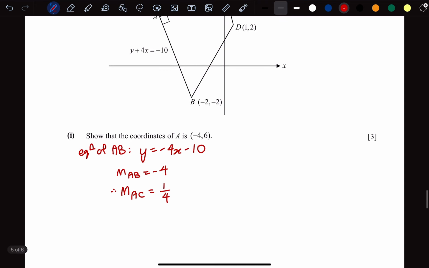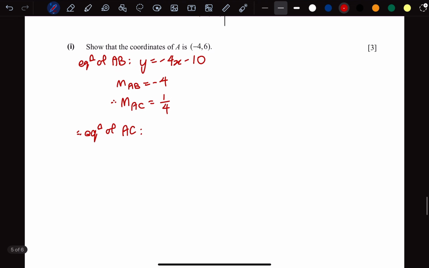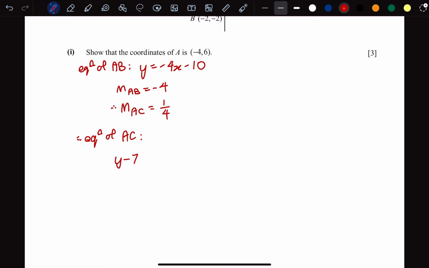Okay, then from here I can find the equation of AC. Since I know the point C, y minus 7 over x minus 0 equals 1 over 4, so y is equal to 1 over 4x plus 7.